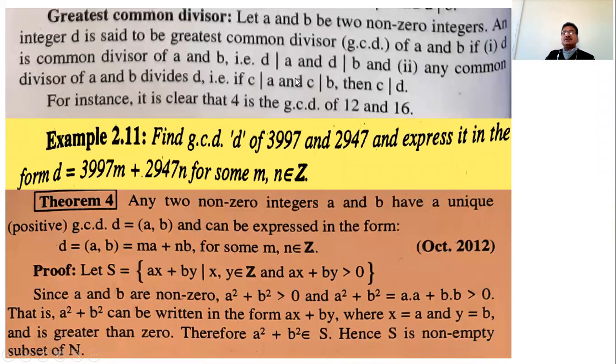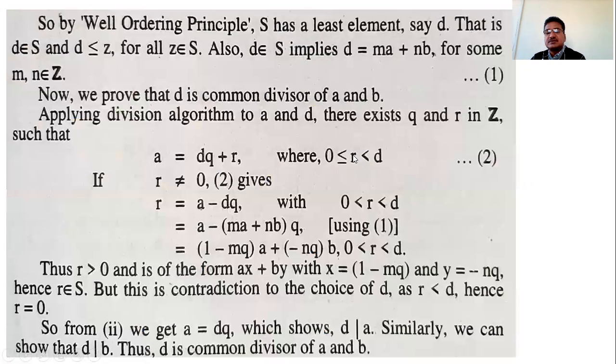What is the second condition? D is greatest among all common divisors. That is, if there is another element C such that C divides A and C divides B, then C divides D. We have to show this. This condition indicates that D is greatest among all common divisors.